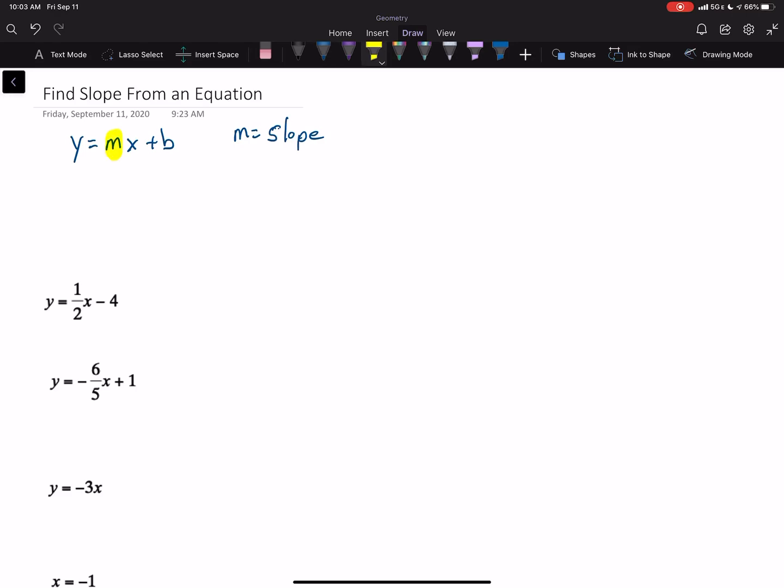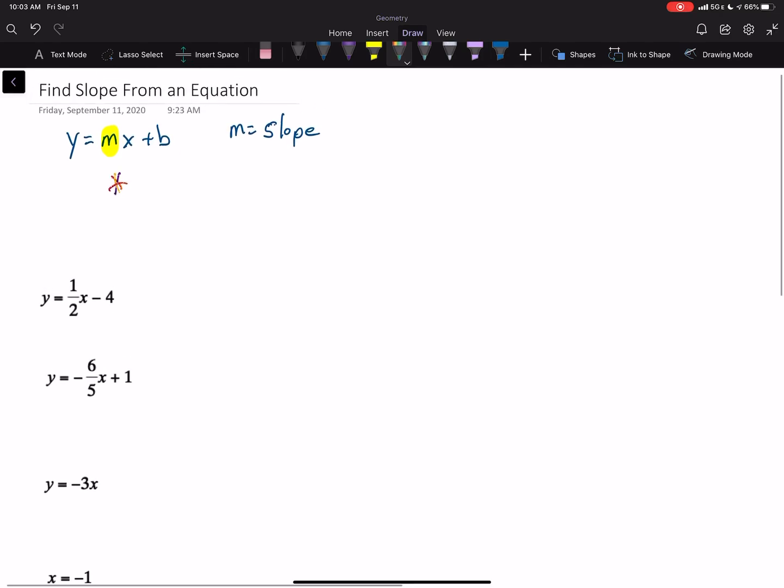Okay, and there's going to be a couple of situations here, and we'll have some examples. So if there is no x, the slope is 0.